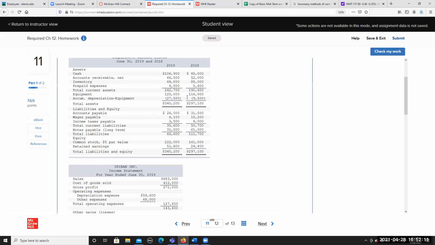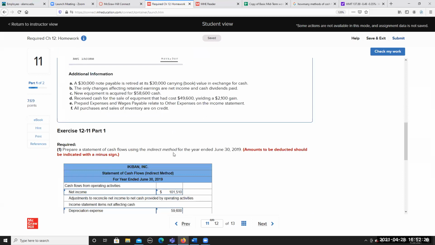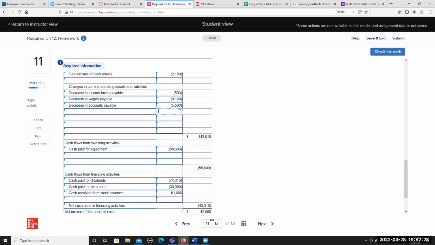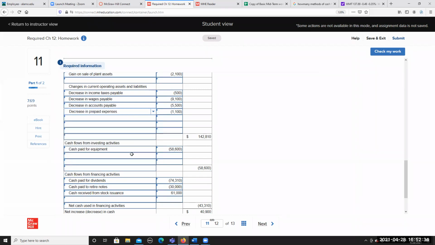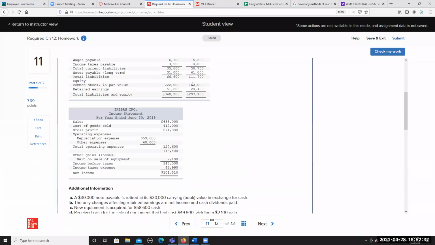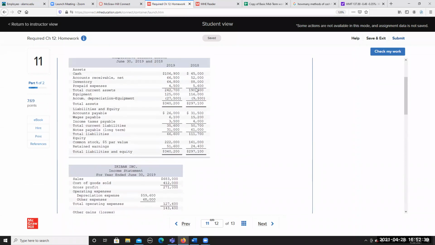All right. So now prepaid expenses went down. So that means cash went down as well. They went down by 56, 46, $1,100. So decrease in prepaids. Let's see. Prepaids 56.